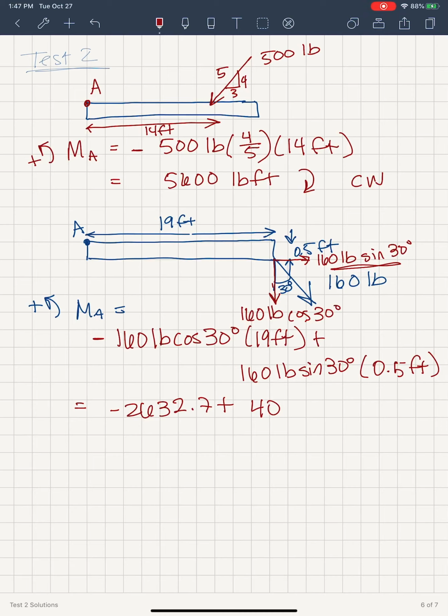And that gives us negative, let's see, 2,632 plus 40 gives 2592, and that's foot pounds. So 2592 foot pounds, and it's also in the clockwise direction.